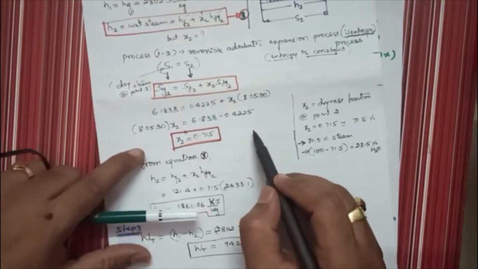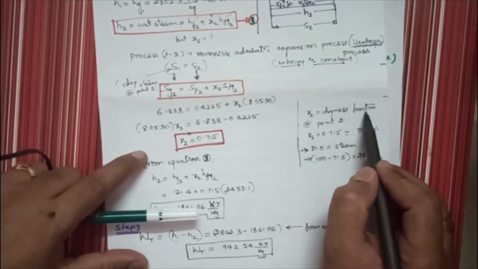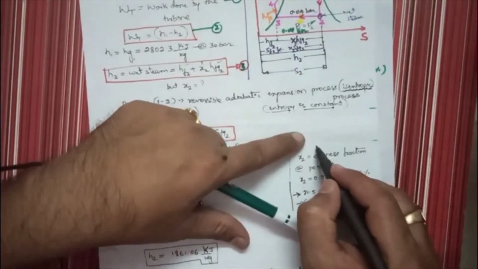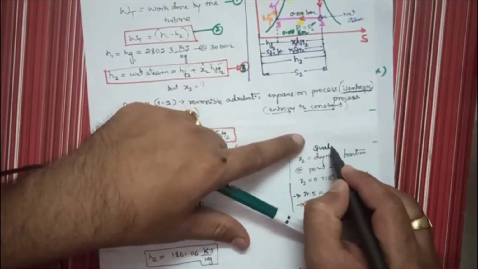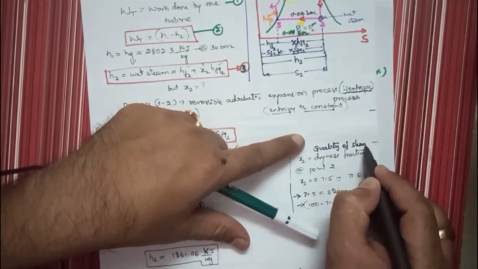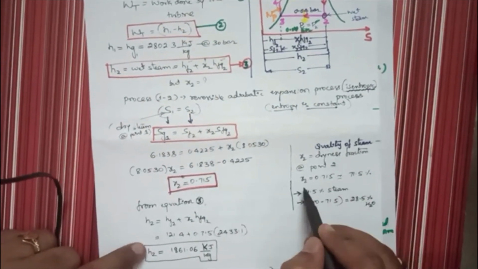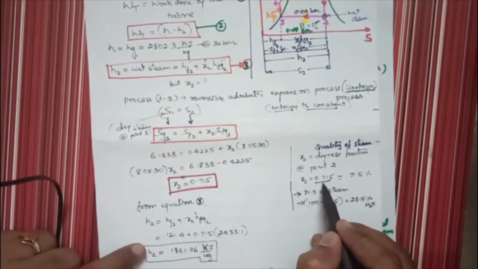And dear student, to understand clearly I have written here X2 is equal to dryness fraction or quality of steam. You can also write quality of steam at point 2. X2 is equal to 0.715 we got.